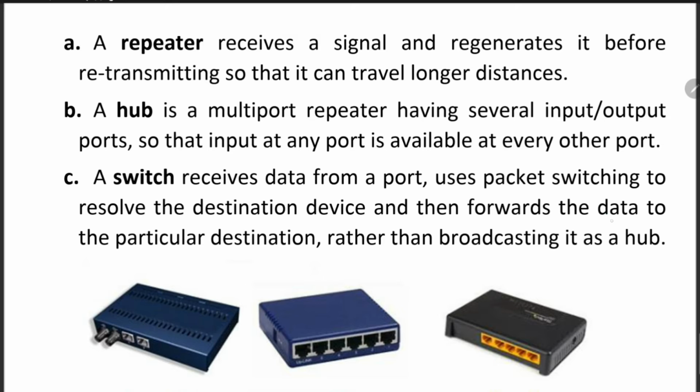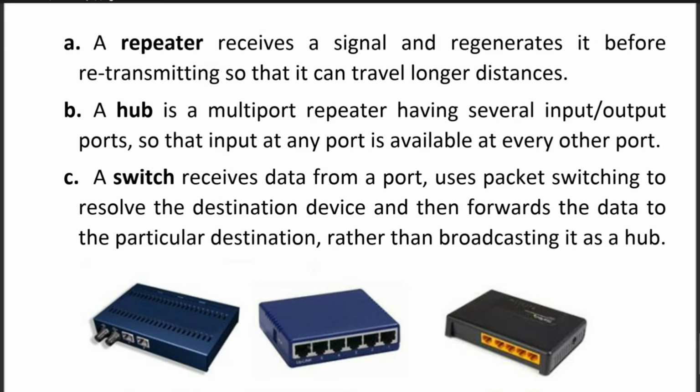Now, when we say switch, a switch receives data from a port, uses packet switching to resolve the destination device, and then forwards the data to that particular destination rather than broadcasting it as a hub does.